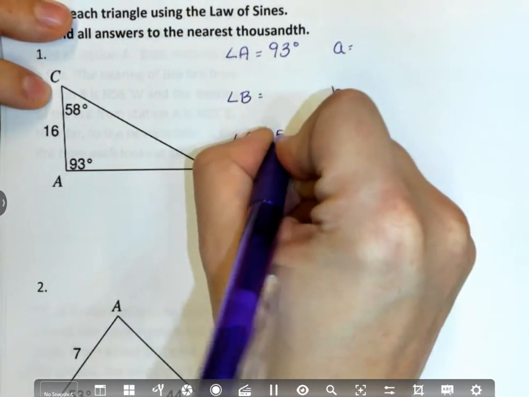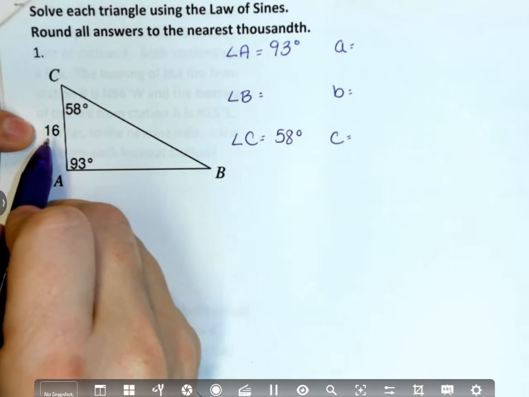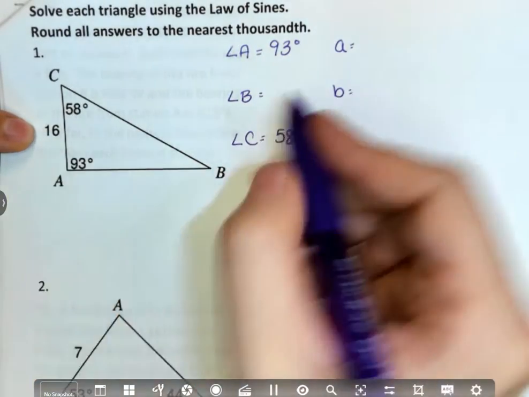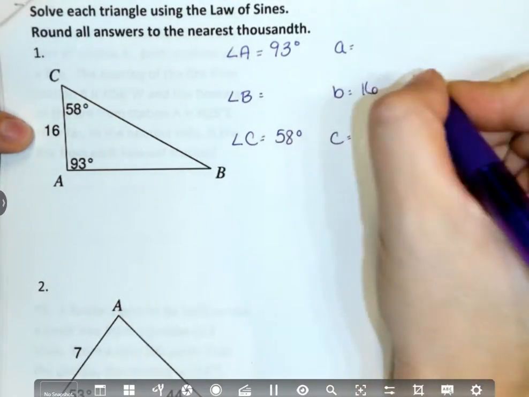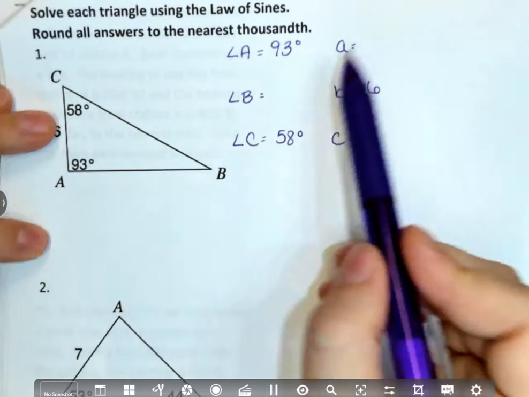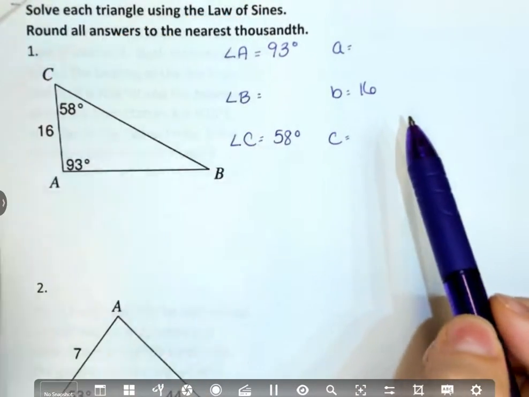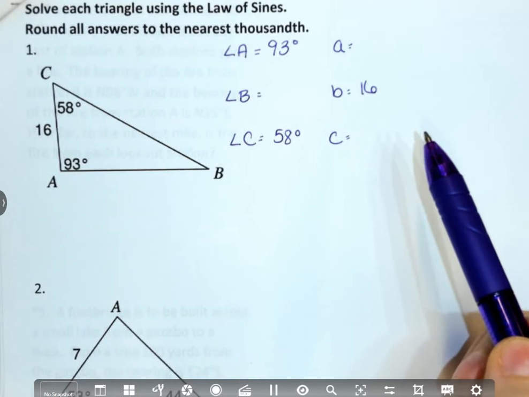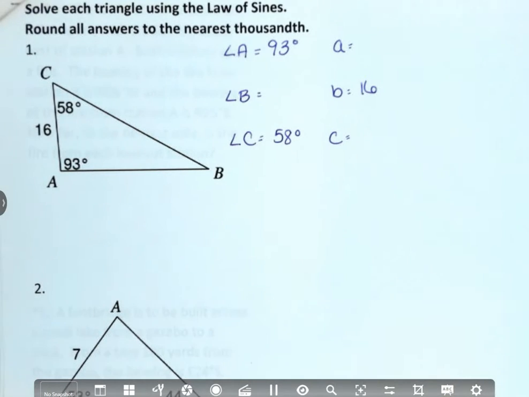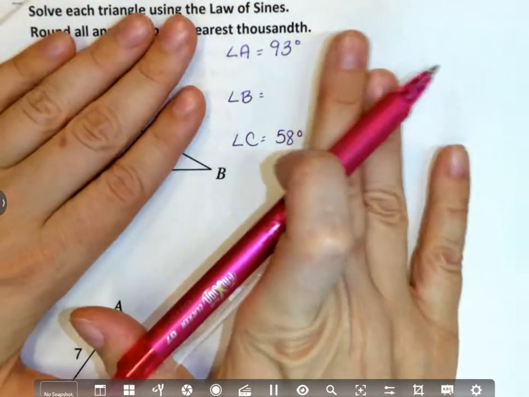Angle C is 58 degrees. And what is 16? Side B. So I wouldn't have even bothered drawing down the picture. And this is probably the way most of you will handle it also. I like doing it this way because my angles and sides are automatically paired. I don't have to get confused by a picture. Sometimes pictures can be confusing.